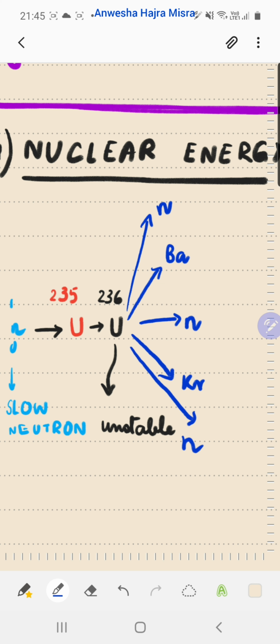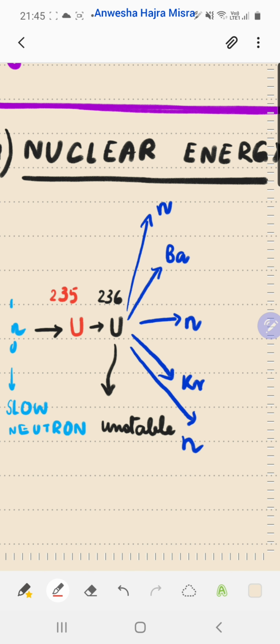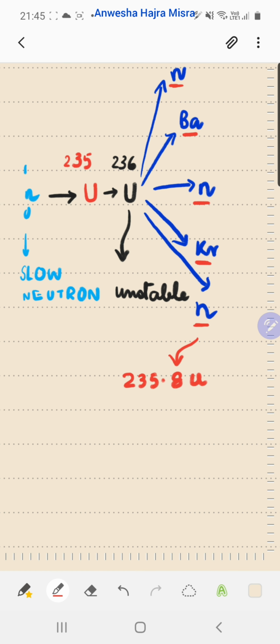Now, if all these masses were added up, the masses of neutrons, barium and krypton come out to be 235.8 atomic mass unit.